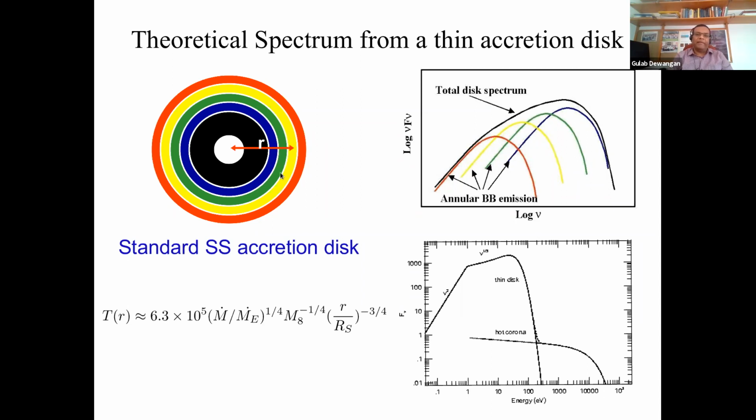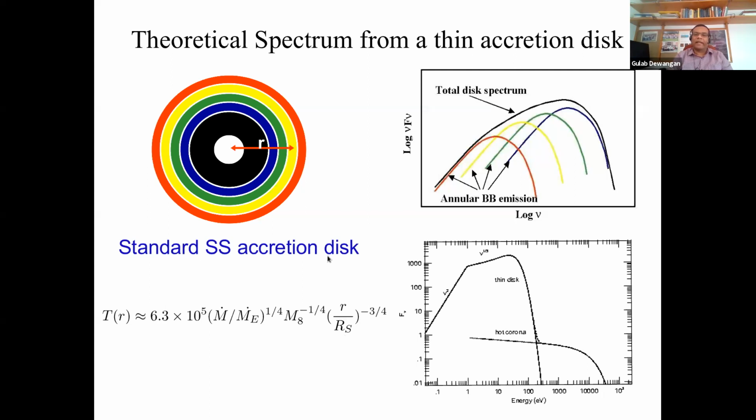At any given radius, the accretion disk, of course, is optically thick, and therefore it emits like a black body with a temperature given by this radius dependence. So the accretion disk may be thought of as a series of annuli, each annulus emitting like a black body with a different temperature given by this relation.